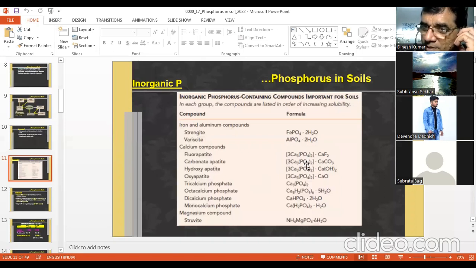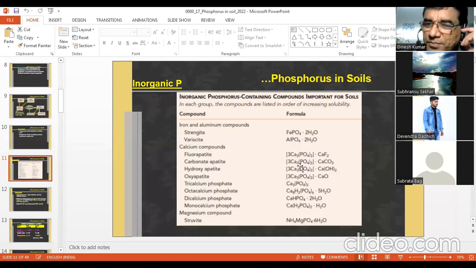One calcium is attached to this tricalcium phosphate. So the problem is to break down the bond between tricalcium phosphate and calcium fluoride. This bond can be broken down by heat or high temperature, or by acids. Some acids can be employed to break the bond between tricalcium phosphate and calcium fluoride or calcium carbonate.